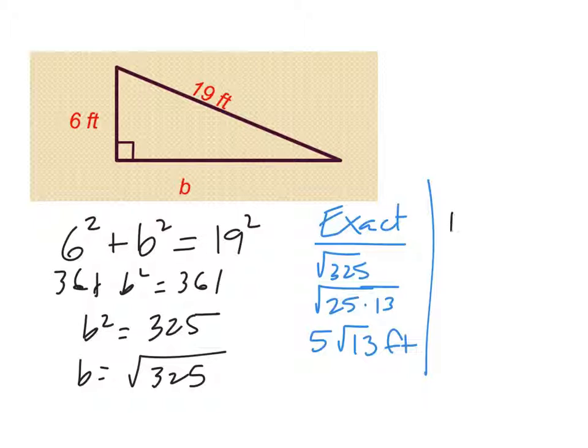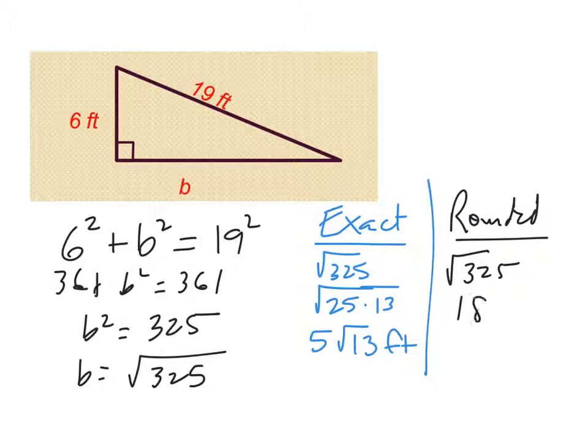If it's rounded, and it'll usually tell you, let's say we're going to round to the nearest tenth. Then I would take the square root of 325 and just plug it in my calculator, and you get 18.0 feet. The directions will tell you which way they want it. Exact means simplified radical form, rounded means to whatever place you're told to round to.